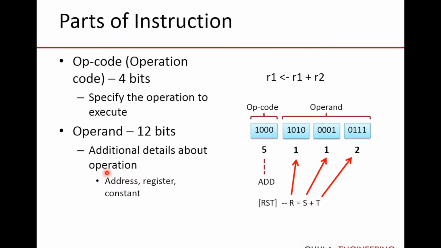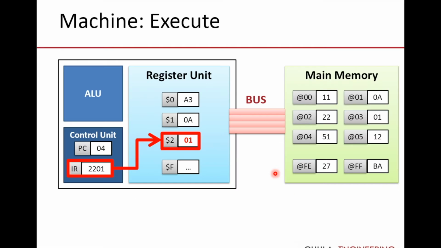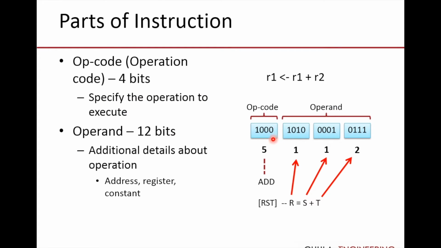Let's take a look at another example. Suppose we look at the next program counter, the next instruction will be at addresses 04 and 05. The content is 5112. For the Brookshear simple machine, 5 indicates an addition instruction with operand pattern RST.